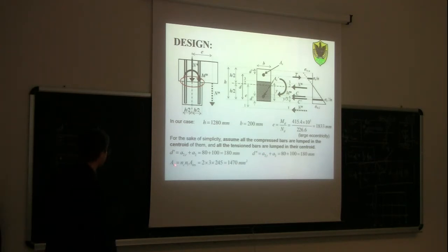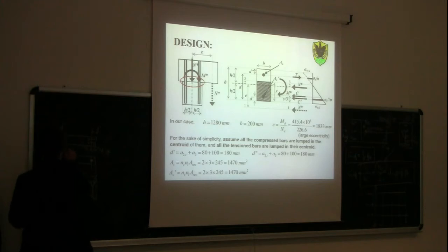The area of the rebar is basically 6 times the resisting area of one rebar, 1,470 square millimeter. And S prime, this one is AS and this is S prime, same thing, 1,470 square millimeter.